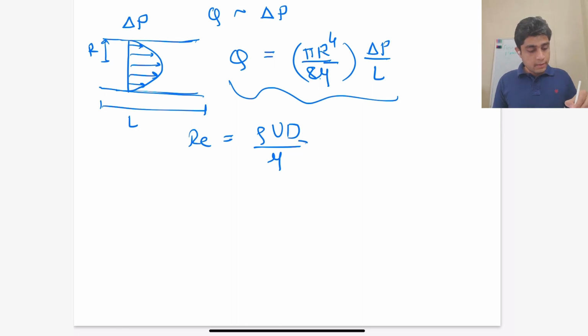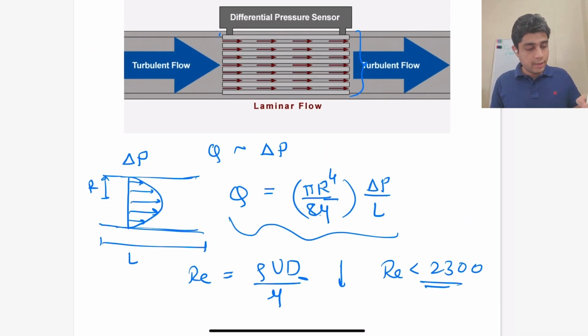So if we reduce the diameter through which the flow is passing, we reduce the Reynolds number, and if the Reynolds number is smaller than, let's say, 2300, then we have a laminar flow. That's exactly what is done here. We have a very big diameter, let's say D1 upstream, but since we are installing this array of tubes, the diameter of each tube is very small and the effective Reynolds number decreases, and hence the flow in these tubes is laminar.